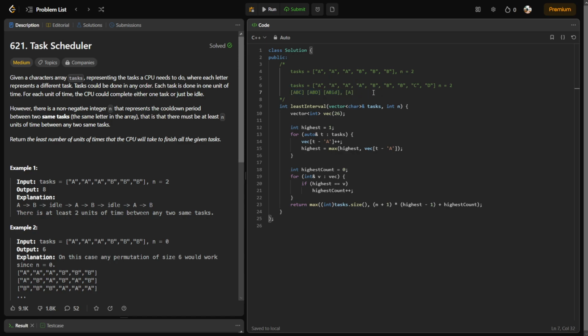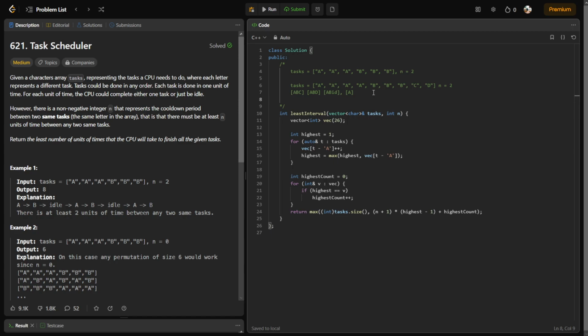Knowing this, we can do the cycle length times the highest frequency minus 1. This formula will only give us this part.